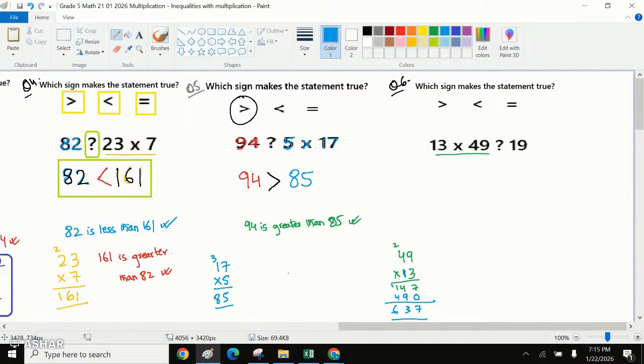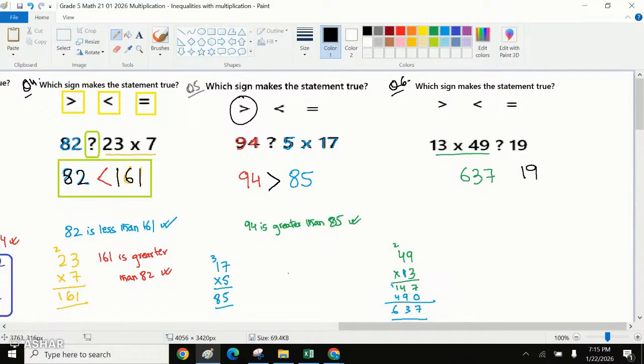Let's verify. 637, right? So can we say this is 637, and on the other side it was just 19, right? Rebecca, what should be the answer?